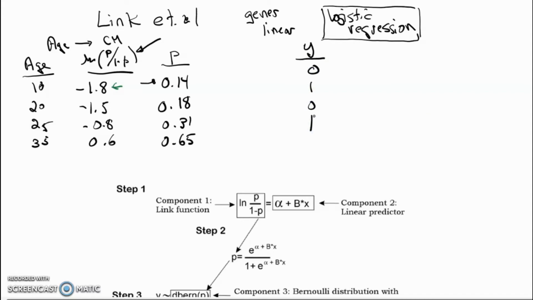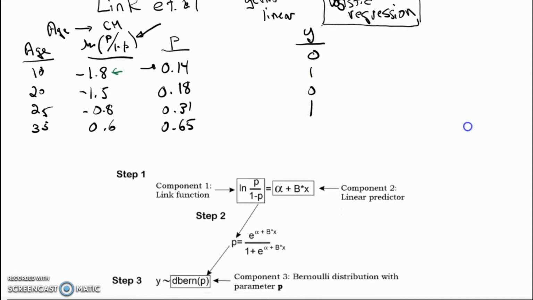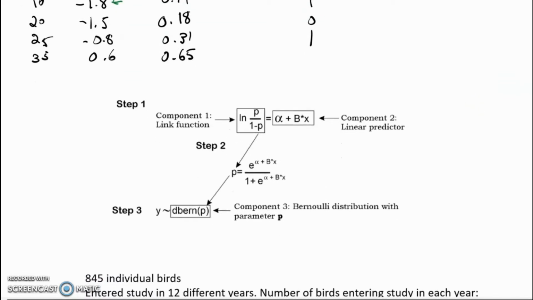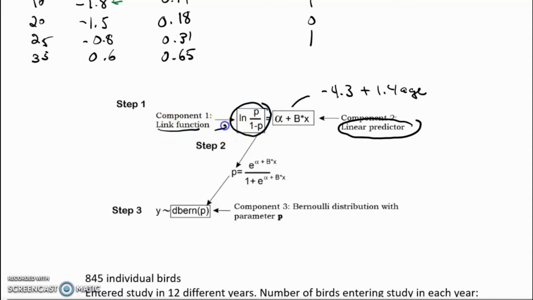Okay, so now we've thought about the process that gave rise to those 0s and 1s, we can now see the three components of a generalized linear model. So there was our linear predictor, alpha plus beta x, minus 4.3 plus 1.4 times the age, and it predicted, without any variability, the link function, which was the logit.